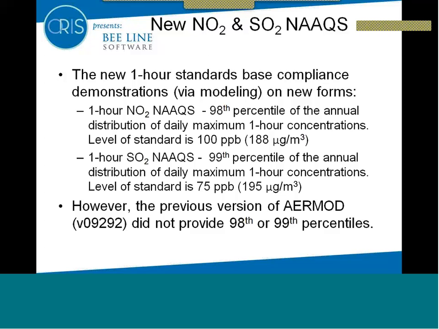Likewise, the 1-hour SO2 NAAQS is based on a 99th percentile of the annual distribution of daily maximum 1-hour concentrations, and the level of that standard is 75 parts per billion, which is roughly 195 micrograms per cubic meter.